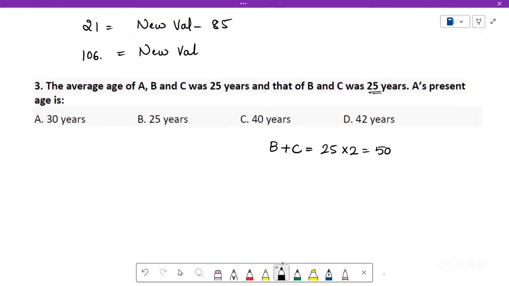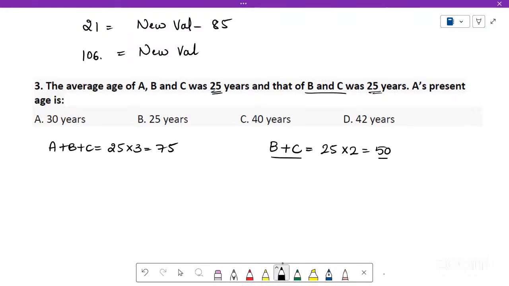Next, the average age of A plus B plus C is also 25. So A plus B plus C, sum is equal to average into number of values, which is 75. The average for these three people's ages is 25, so total is 75. For these two, the average is 25, so total is 50.